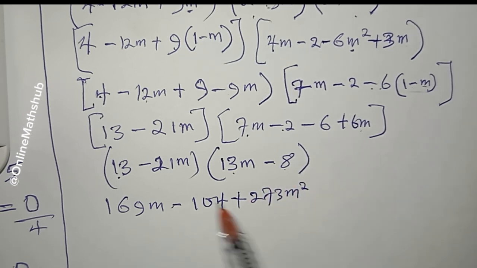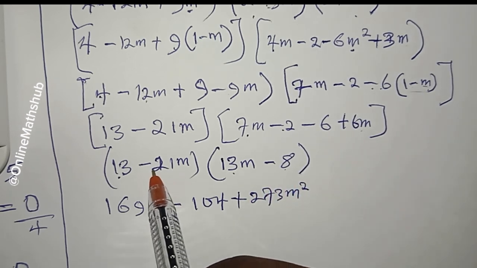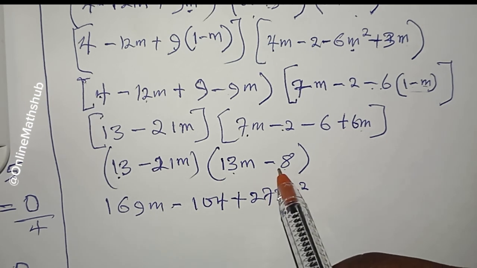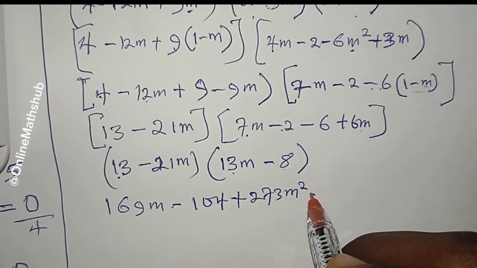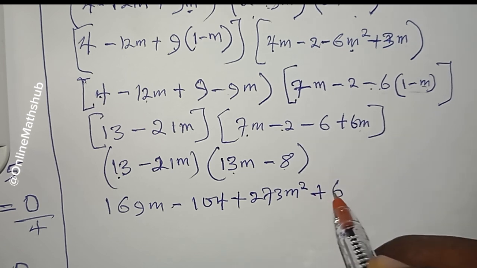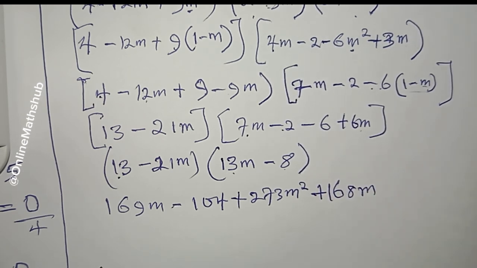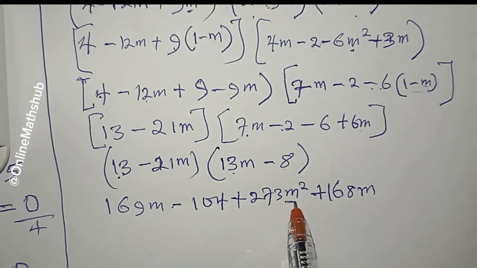Okay, so moving on, minus 21m multiplied by minus 8, that's going to give us plus 168m.